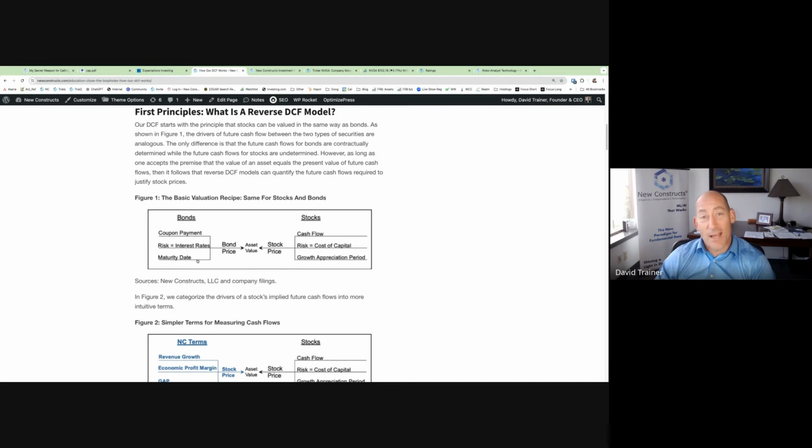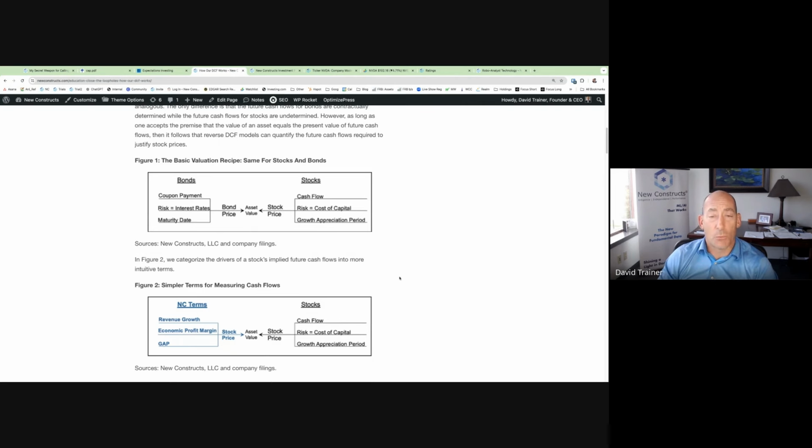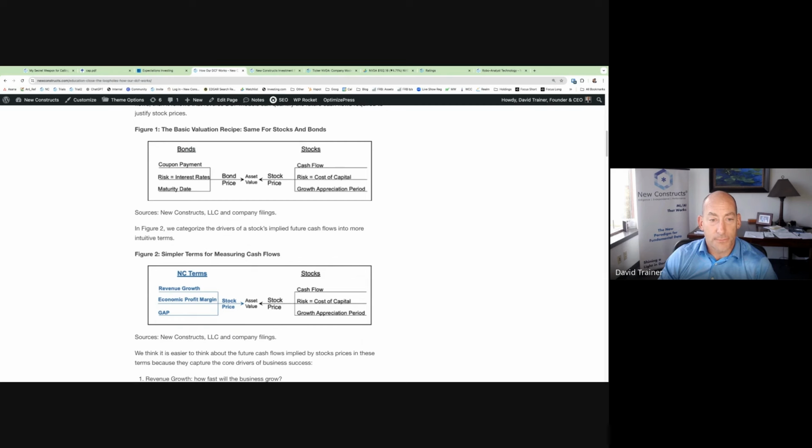For stocks, it's kind of the opposite. It's on its head. We don't know any of this stuff for sure. We have hopes, right? But we do have a stock price. And if you believe in the concept that the value of an asset is equal to the present value of its future cash flows, well, then you believe that there is a future cash flow stream that this stock price embeds. And that's exactly what reverse DCF expectations investing is all about.